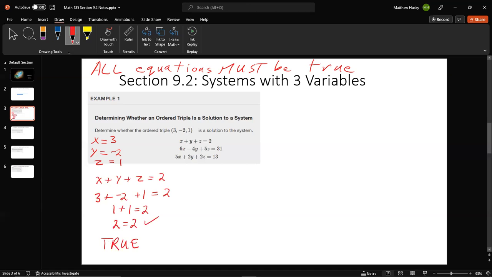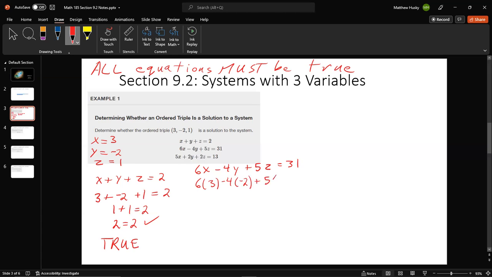So let's try the next equation here. 6x minus 4y plus 5z. If all goes well, that should equal 31. So for x, we're going to replace that with a 3. For y, we're going to replace it with a -2.